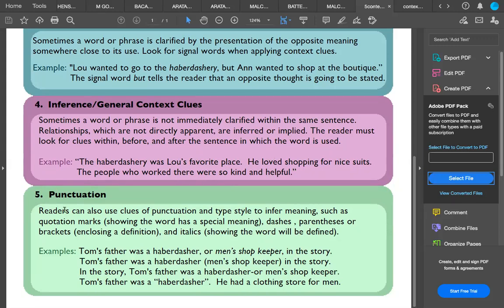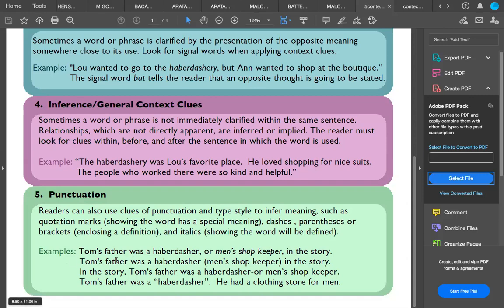So the next one, punctuation. Readers can also use clues of punctuation and type style to infer meanings, such as quotation marks showing the word has special meaning, dashes, parentheses, or brackets enclosing a definition, and italics. So you're going to have an example here. Tom's father was a haberdasher, or a men's shopkeeper.